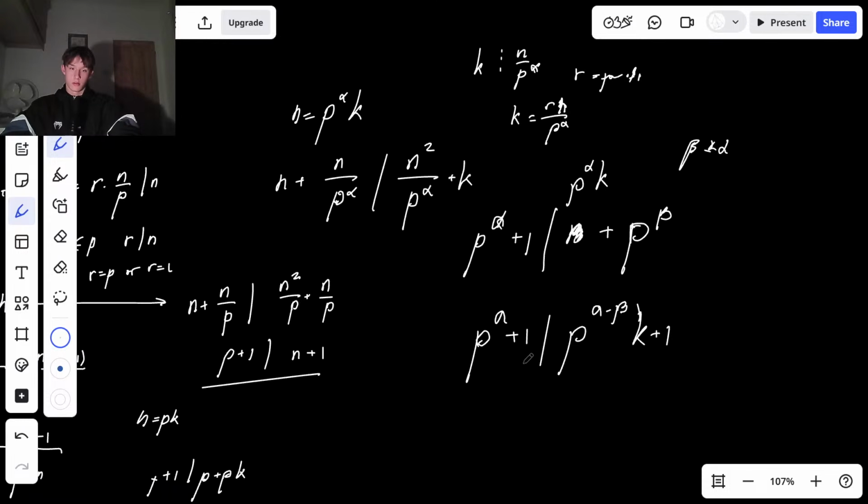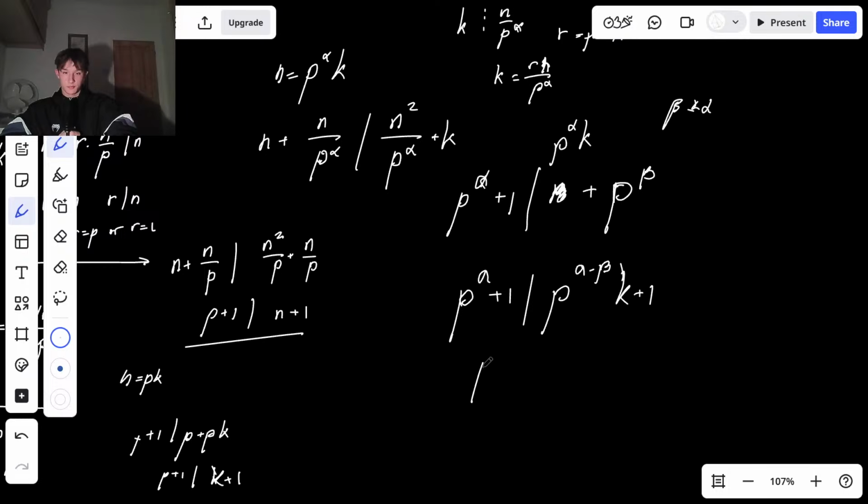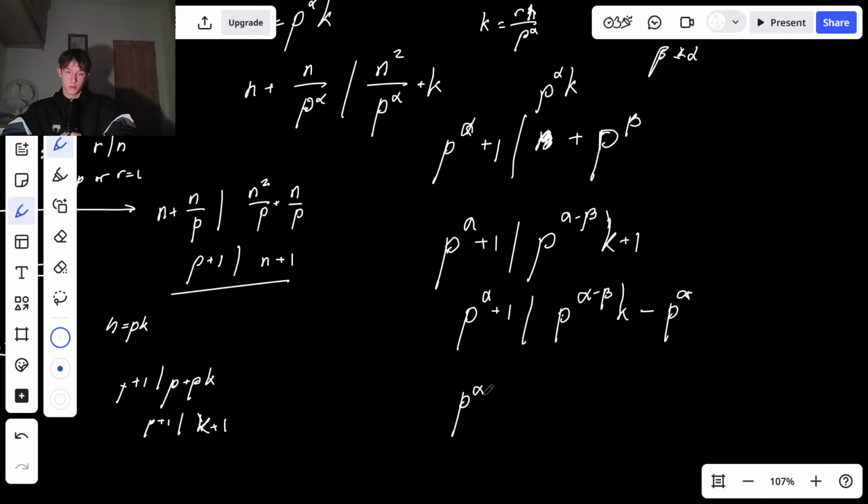We can subtract and divide. I think this thing has almost zero solutions, because p to the power of alpha plus 1 should divide p to the power of alpha minus beta times k minus p to the power of alpha, and here p to the power of alpha plus 1 divides k plus 1, or rather, plus 1 divides k minus p to the power of beta.